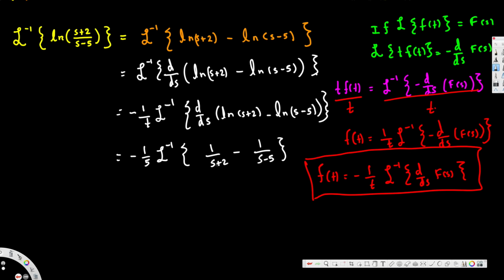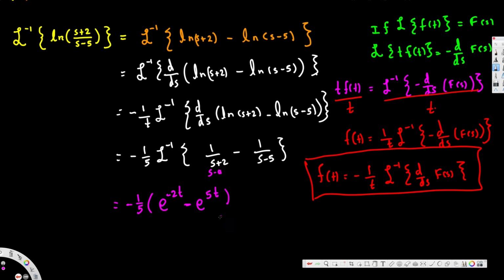Whenever we have 1 over s minus a, it gives e to the power at. So for 1 over s plus 2, a is minus 2, because s minus a with a equal to minus 2 gives s plus 2. So this is e to the power minus 2t. For the next one, a is 5, so it is just e to the power 5t.